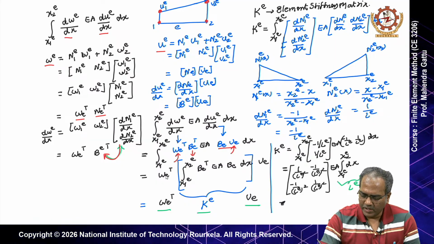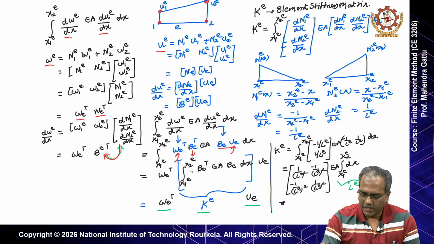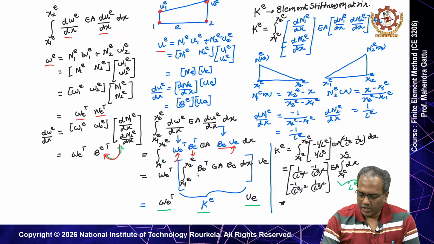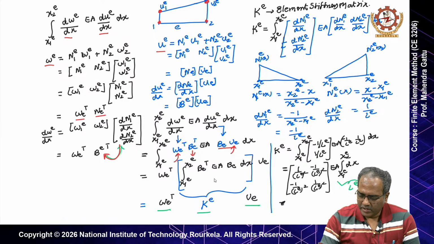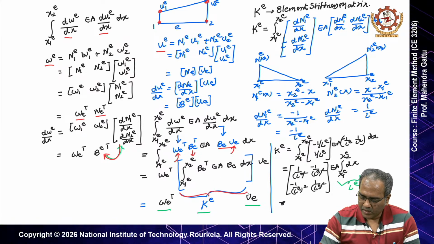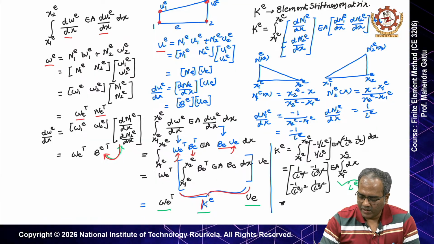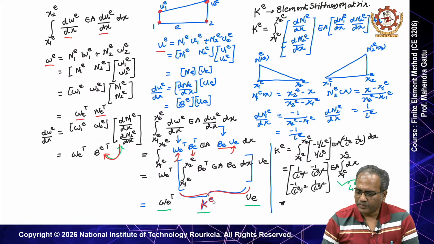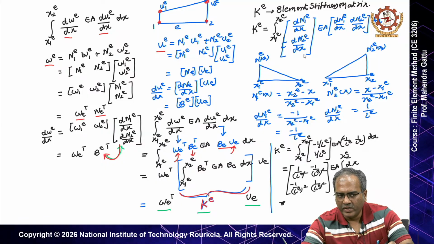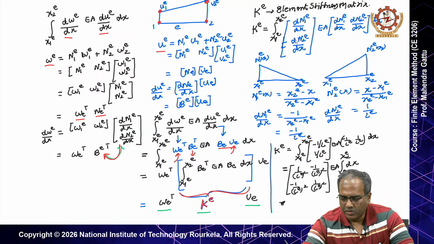So, I am getting W transpose B and W transpose ue. I will take W transpose and ue out of the integral, because they are nodal values and are not dependent on x, and this term we call Ke, which is the integral of B transpose EA B, and it is called the element stiffness matrix. We will evaluate the element stiffness matrix by doing the integral.